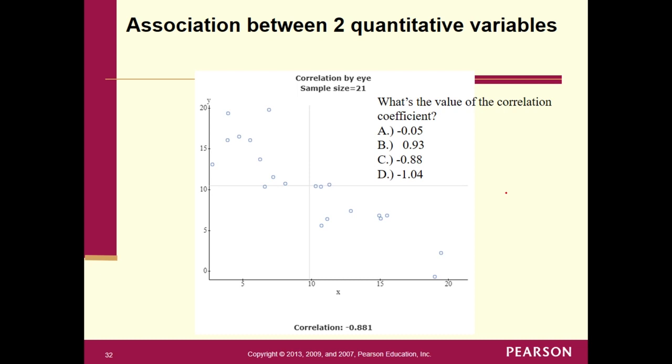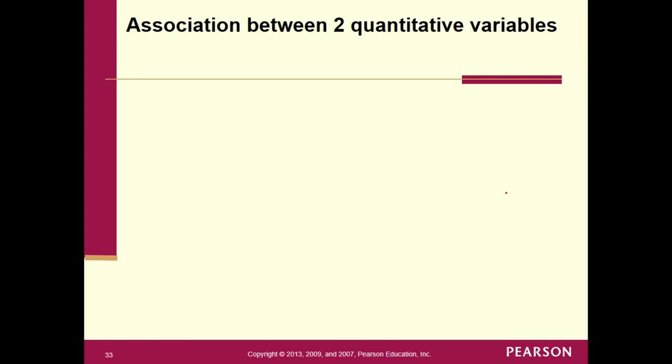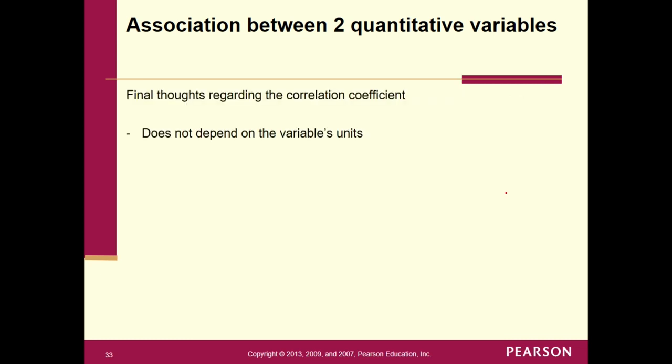All right. Some last things about correlation. One, it does not depend on the variable's units. It doesn't matter if we measured one variable in inches and then changed it over to feet.